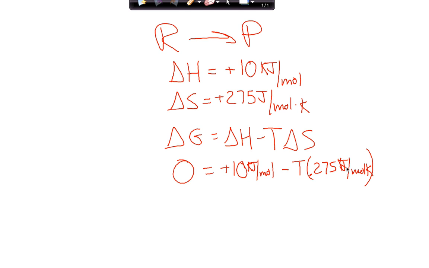So now we end up with this. Negative 10 is equal to negative 0.275 T. I hate T. I want to make it X, but I won't. Then dividing 10 divided by 0.275, T is equal to 36 Kelvin.